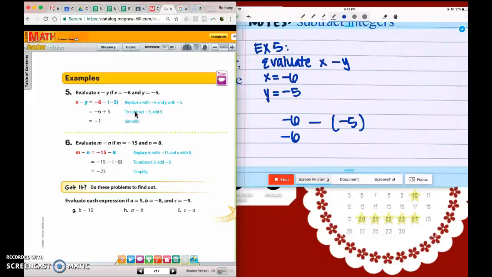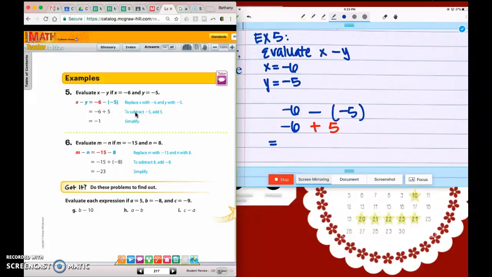So negative 6 plus a positive 5, and we see that with this there are more negatives than there are positives, and there's one more negative than we have. So this will equal -1. You can draw tiles, you can decompose, either one.